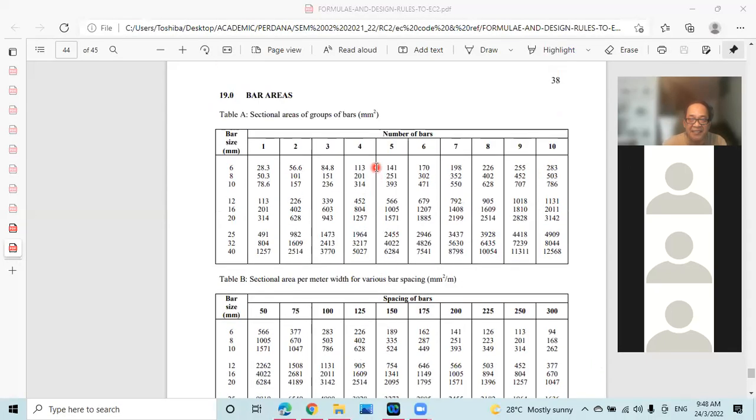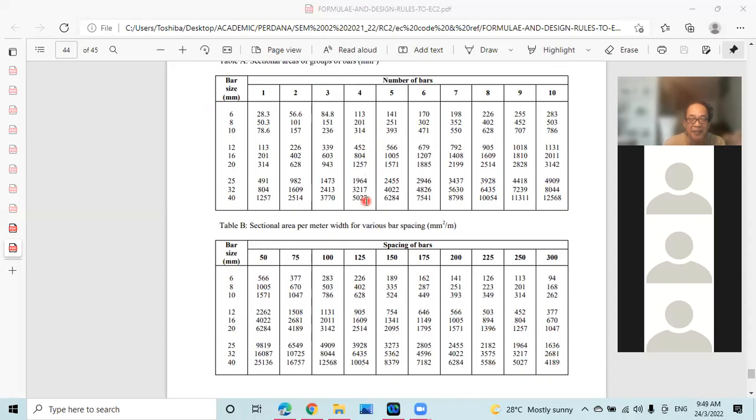Okay. This is a steel table that I think everyone is familiar with. The same table that you referred to when you were doing your RC1 earlier. The same table we are going to use for RC2 too, for staircase, for foundation, for pile cap, for column, everything.